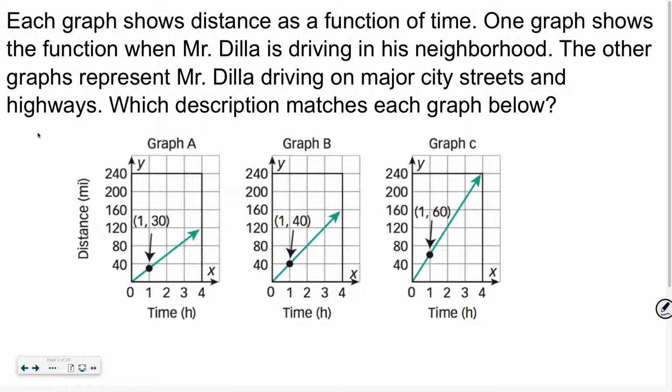Let's take a look at graph A. What do we know about graph A right now? Do we know anything? You should be able to find some stuff out. What can we find out about this line right now?